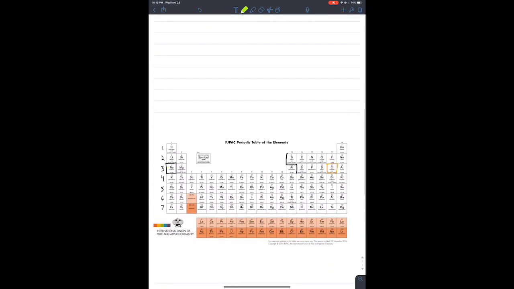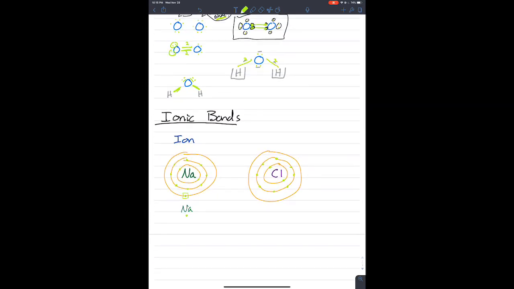And then chlorine in the third energy level has 3s1, 3s2, 3p1, 2, 3, 4, 5.